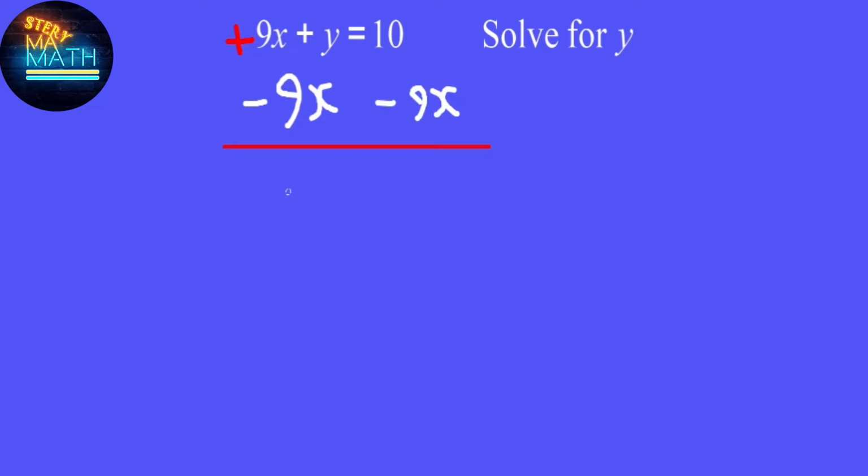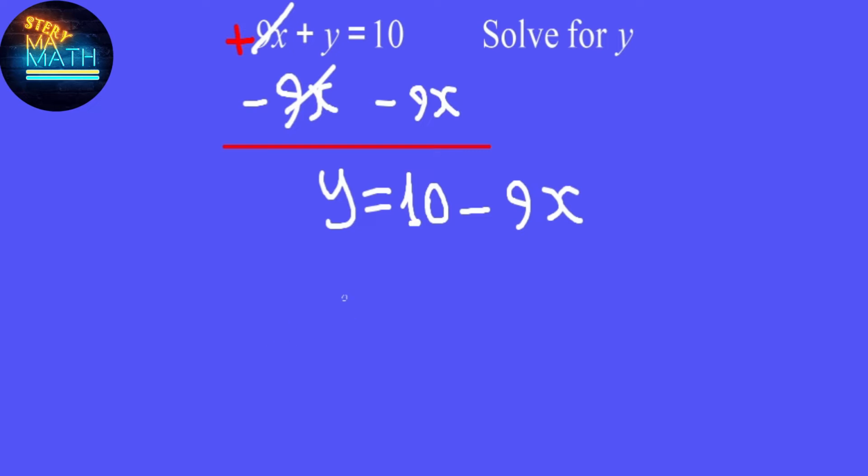9x and negative 9x will cancel each other out. So it will be y is equal to 10 minus 9x. And you can rearrange the expression. So y is equal to negative 9x plus 10.